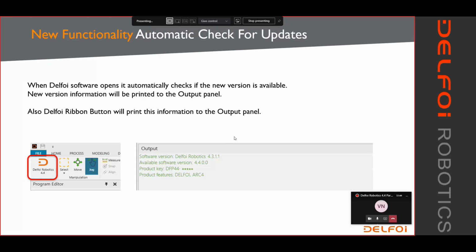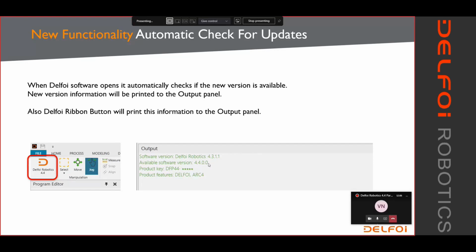And then a new functionality: automatically check if there are updates for our software. So now let's say that if you're running on 4.3.1.1 and we release a new version, you open up the software, it will already tell you that, hey, there is a new available software version.